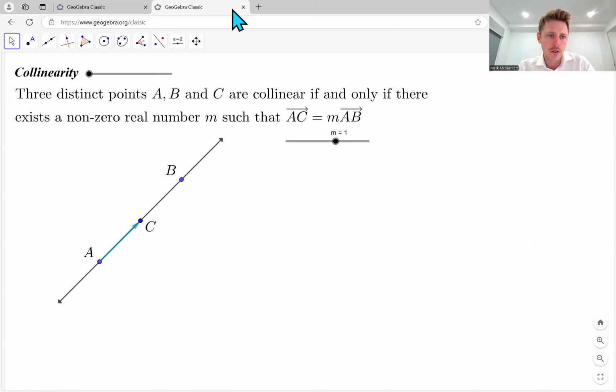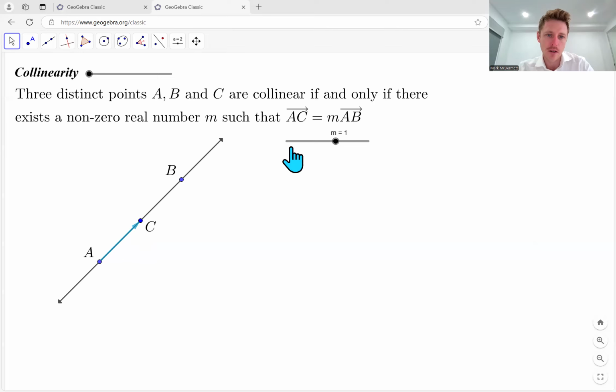So what is collinearity? Collinearity is when you have three distinct points, A, B, and C, and they're collinear if and only if there exists a non-zero real number, M, such that vector AC is a scalar multiple of vector AB, where M is that scalar multiple. Here we have a slider for M. We can see that points A, B, and C are collinear because they lie on this line.